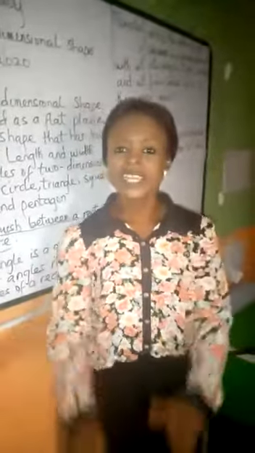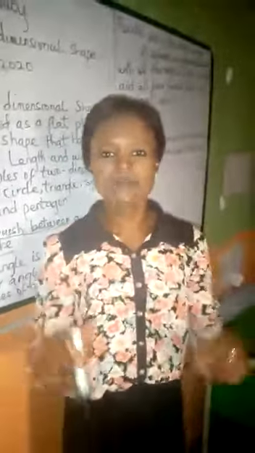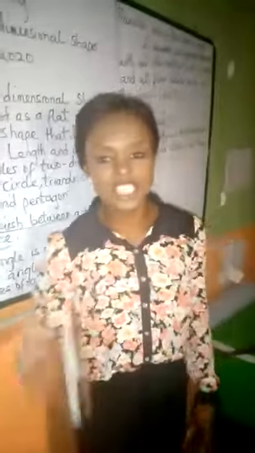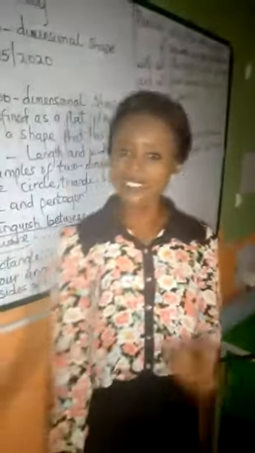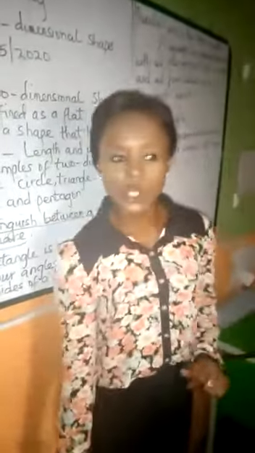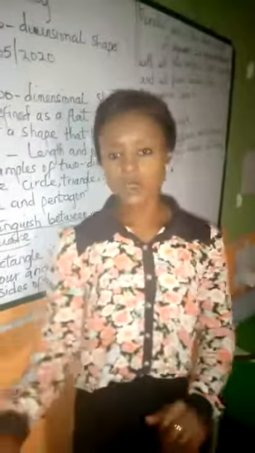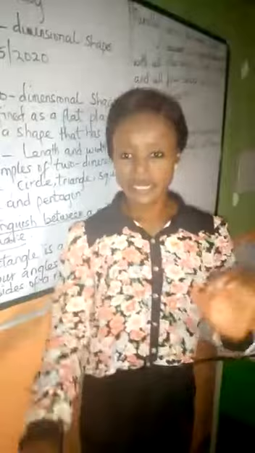All these are examples of two-dimensional shapes. I repeat, the examples of these two-dimensional shapes are circle, triangle, rectangle, square, pentagon, etc.